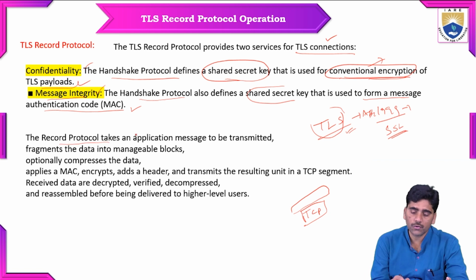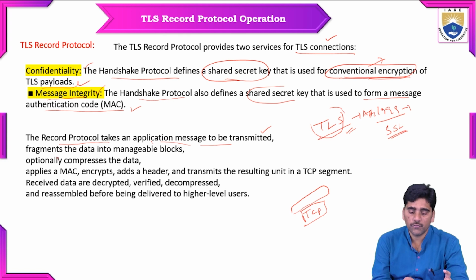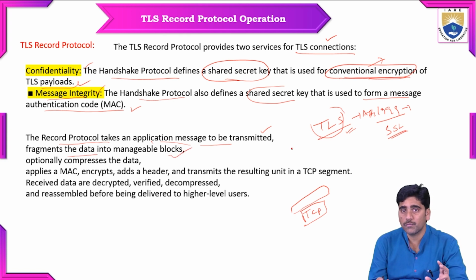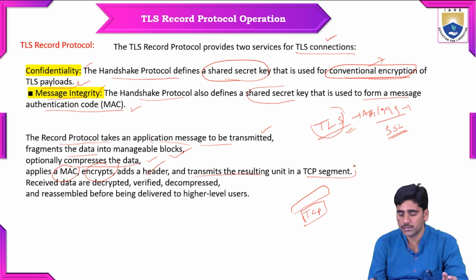The record protocol takes an application message to be transmitted and fragments the data into manageable blocks. Optionally, it compresses the data, applies MAC, applies encryption, adds some headers, and transmits the resulting unit in a TCP segment.